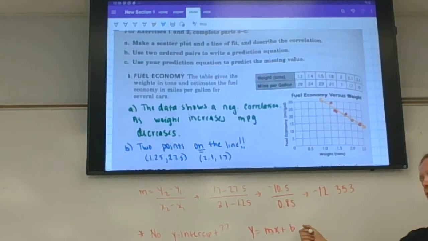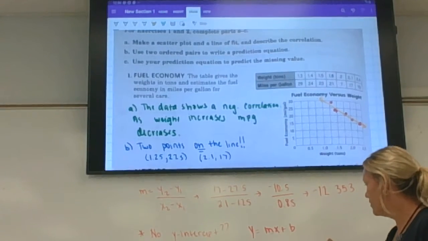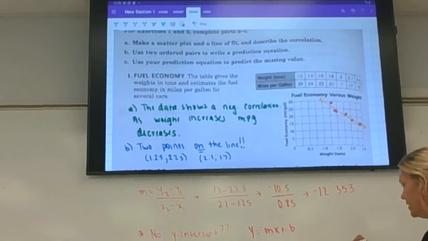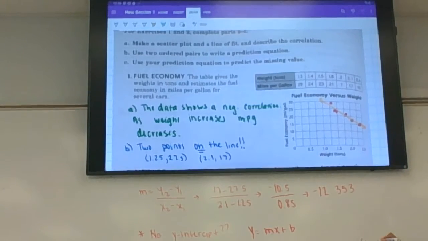But if you don't have one part, then the zero isn't going to get you very far. So our point slope form, if you remember, is y minus y1 equals m times x minus x1. So you're going to plug in the slope you calculated in the first point that you wrote down.